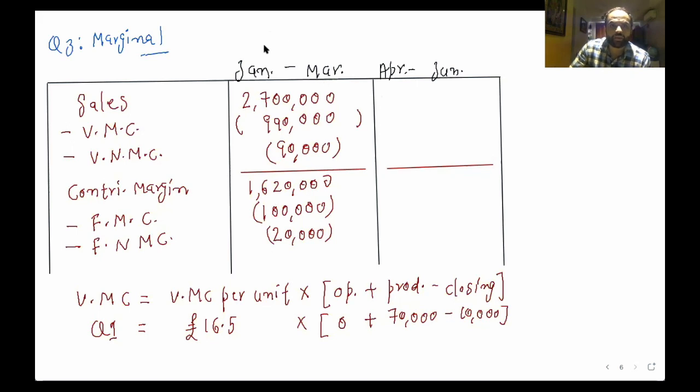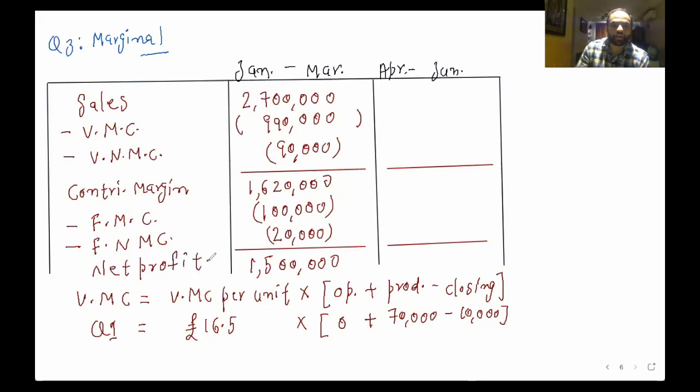So how much is the profit for the first quarter? Net profit? 1.5 million. This is your net profit.